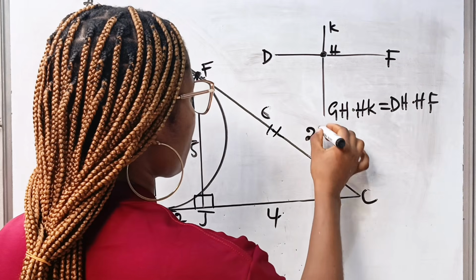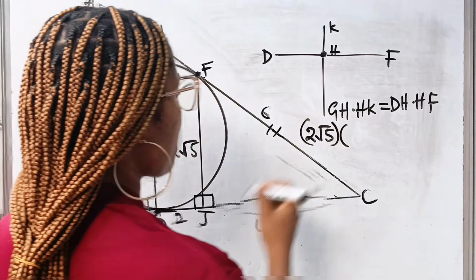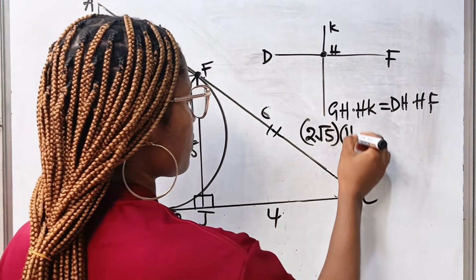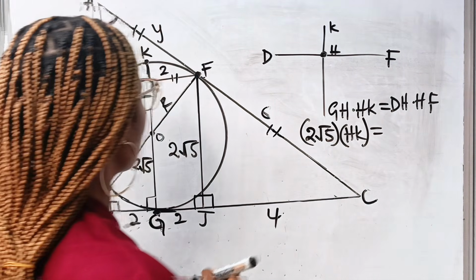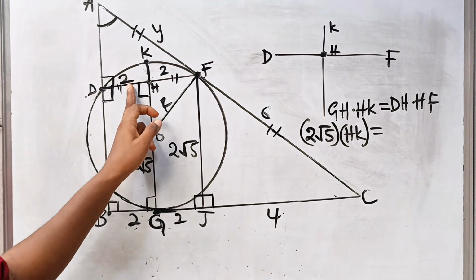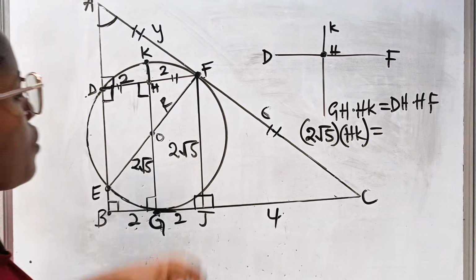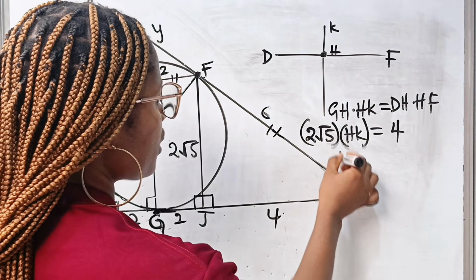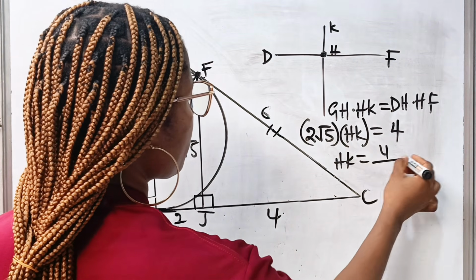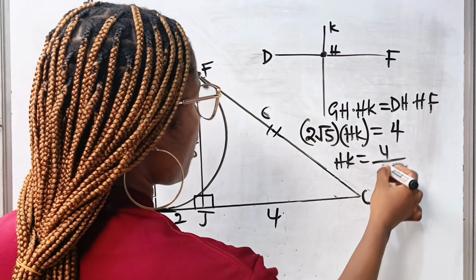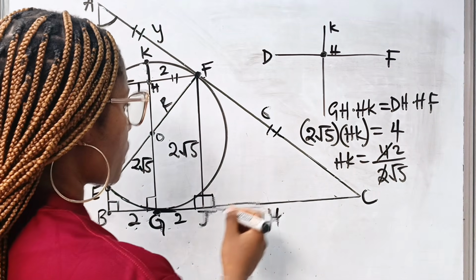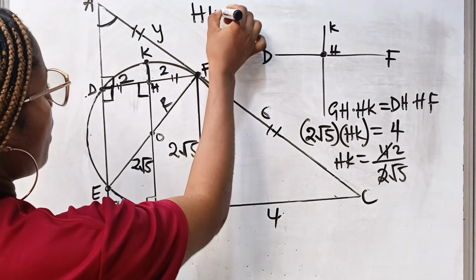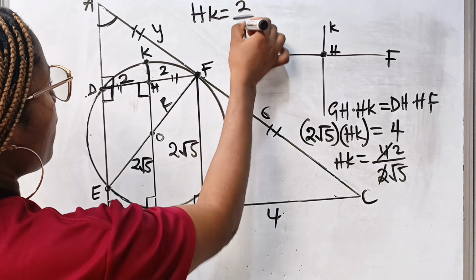So we have 2 root 5 multiplied by HK, which we don't know, is equal to DH, which is 2, and HF is 2 as well, which will give us 4. So to find HK, we are going to have 4 divided by 2 root 5. And we remove this, we have 2. So it means that HK is equal to 2 over root 5.